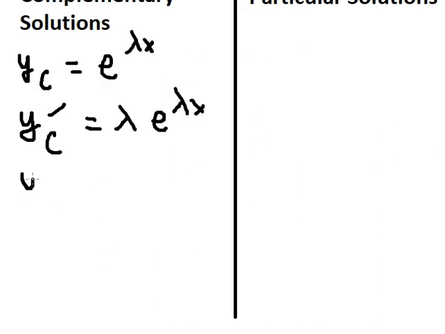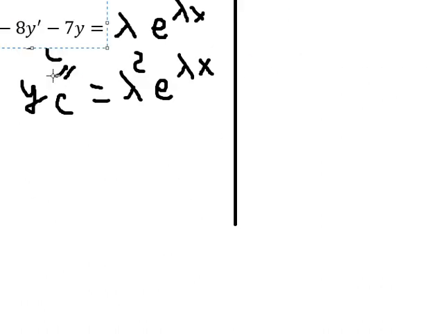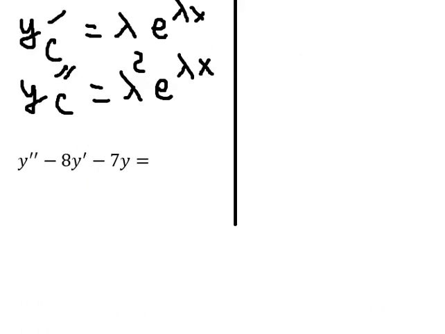Now we go to the second derivative of yc, and we have lambda squared e to the power of lambda s. Because this is about complementary solutions, I will put this one equals 0.